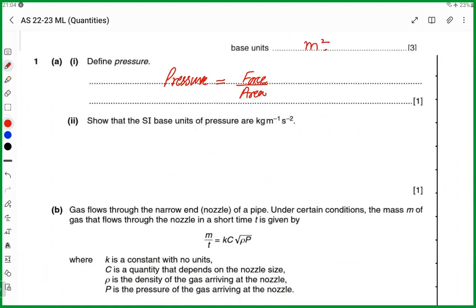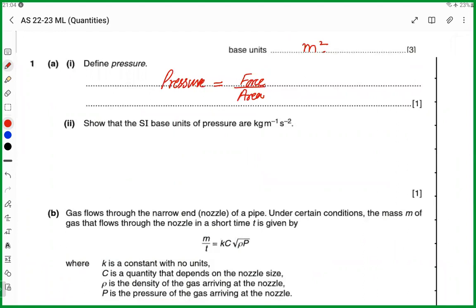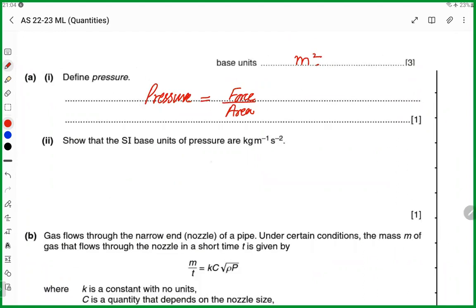So can you do that? Pressure equals force over area. So kg meter per second square divided by meter square. So kg m to the power 1 minus 2, m minus 1, s minus 2, hence shown.